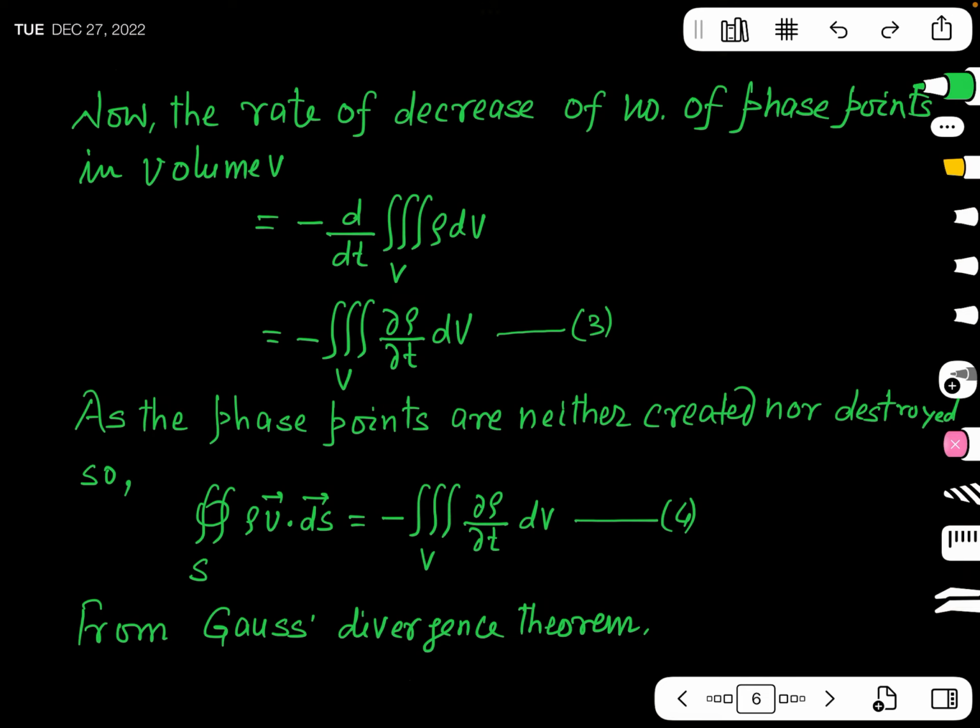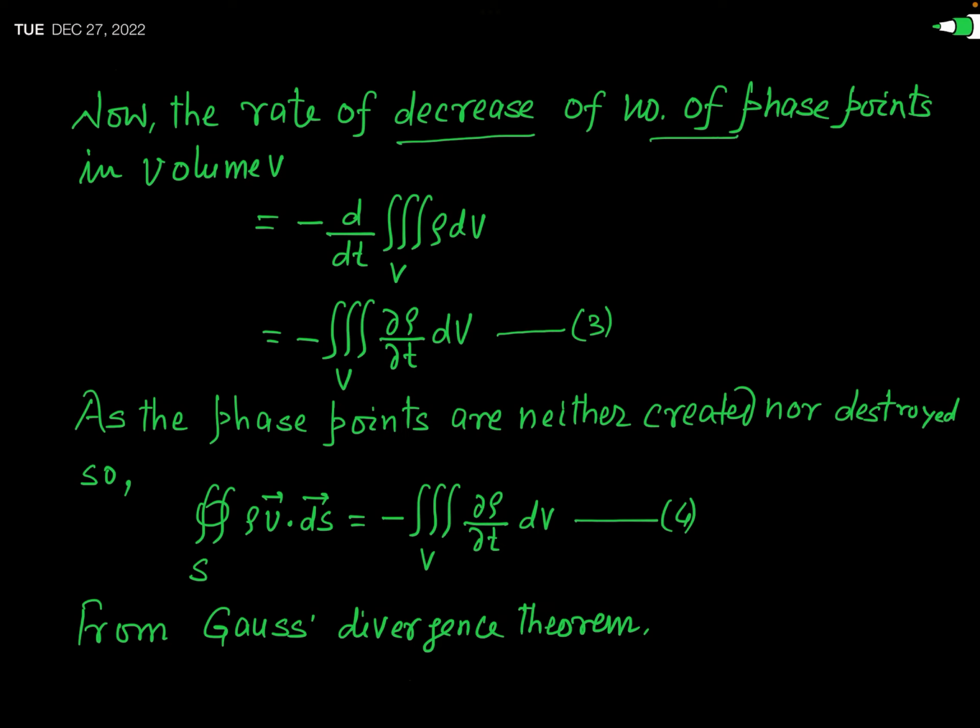So I have mentioned it here: the rate of decrease of the number of phase points in volume V is minus d/dt integral over V of rho dV. Okay. And if you operate this differential operator d/dt on rho, you write minus integral over V of del rho by del t dV.